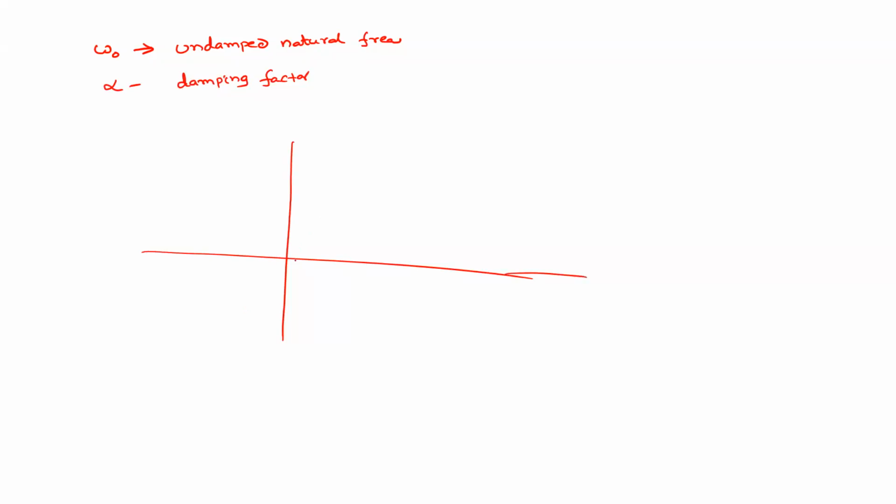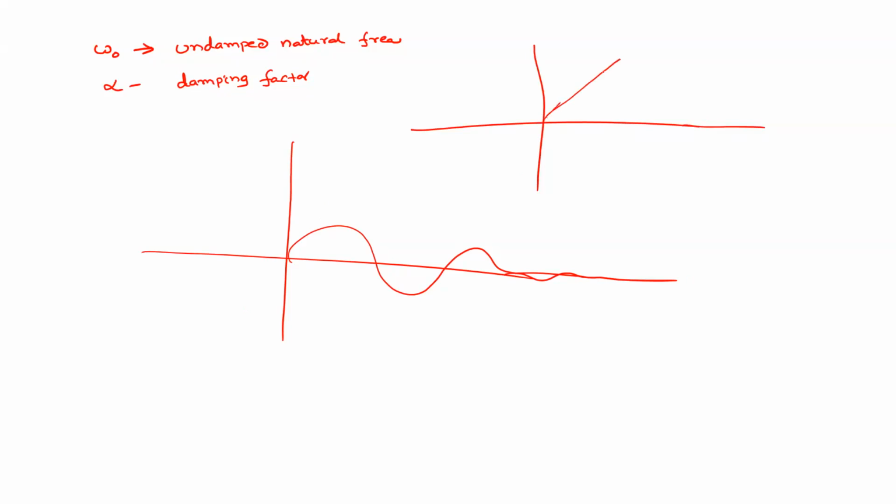How will it oscillate? It will be something like this, right? So this entire thing is known as damping. For example, if you bounce a ball and it hits the ground, it goes high, and then falls down like this. That is known as damping.